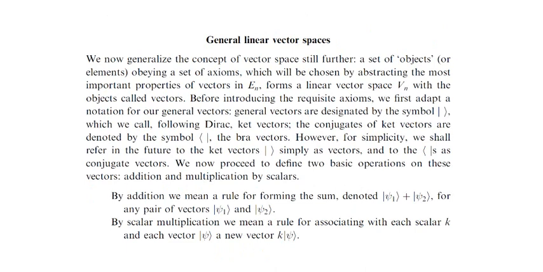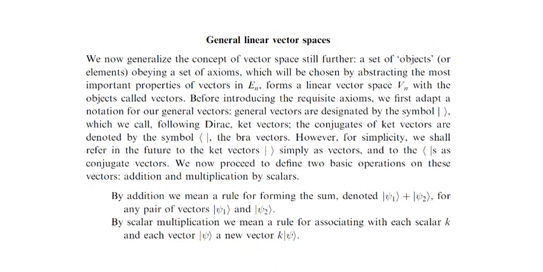That is how we used to represent vectors. But here we are going to talk about certain objects which we call vectors. As I said before, these objects can be anything. It can be vectors, it can be matrices, it can be functions. So all these general vectors, we are going to represent with this symbol.